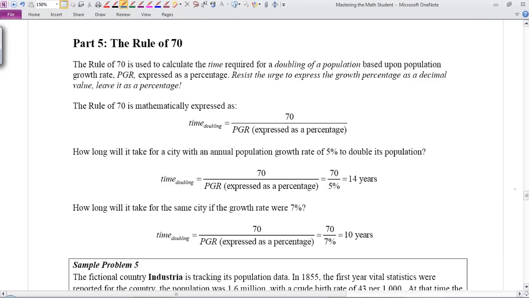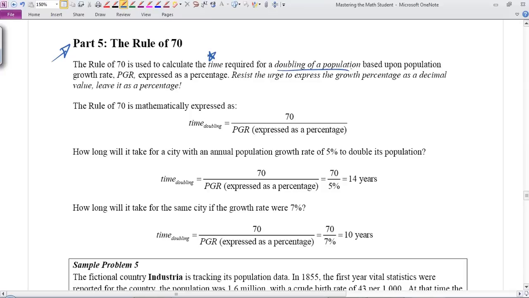Now, we also have yet another interesting thing with populations, and that's called the rule of 70. The rule of 70 is a big, long, hairy derivation, meaning lots of math steps to get there, but we're going to simplify it. It is very simply a way to calculate the time required for the population to double.